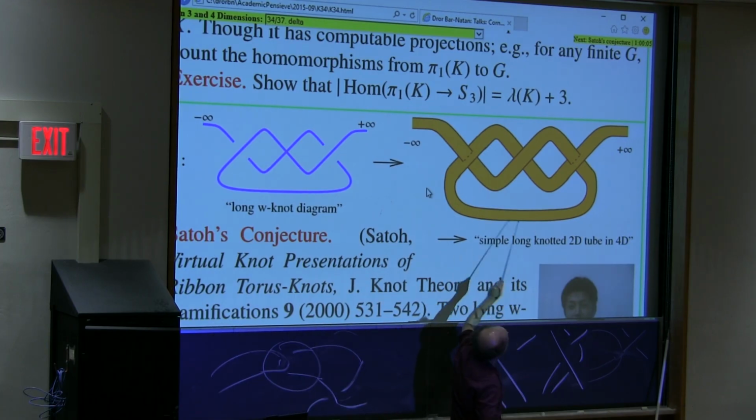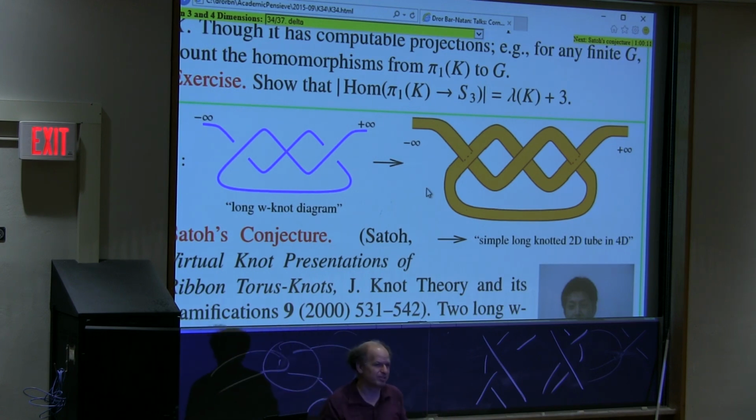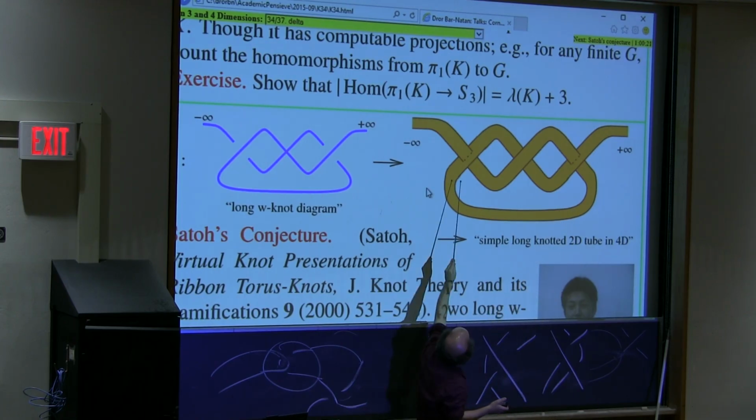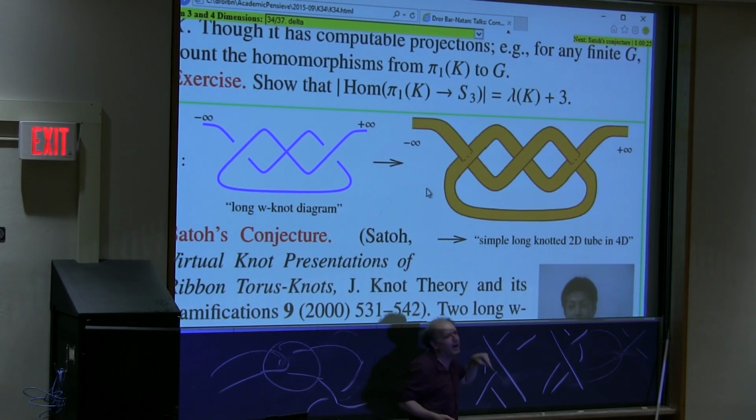The thing in orange is not quite the tubes because I was too lazy to draw it too precisely, but you should think of it as two tubes passing each other, non-interacting, like the virtual crossings before, and this is the funny way for two tubes to pass each other with an interaction. So one goes over and then under the other. On one side over, on the other side under.